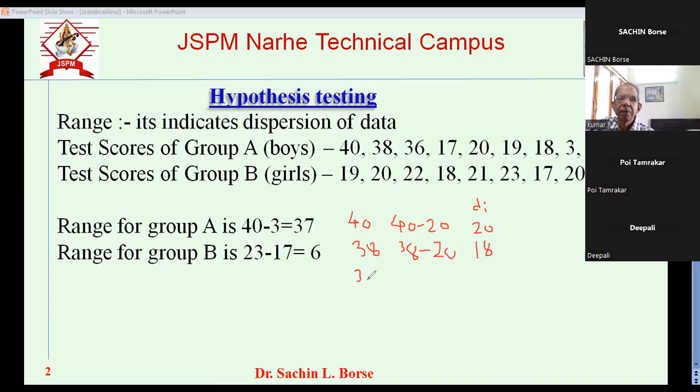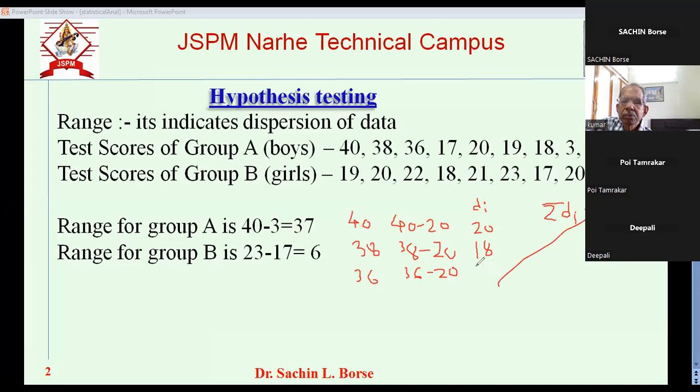Take 36 minus 20, and so you go on calculating the Di. What do we have to check? Whether the summation of Di is 0. Go on doing this.